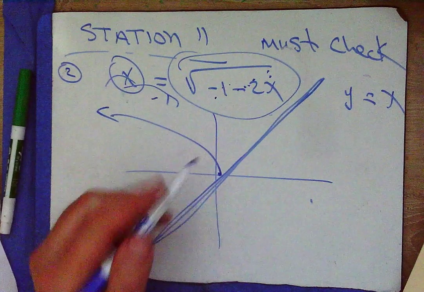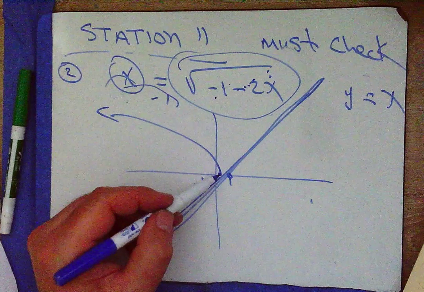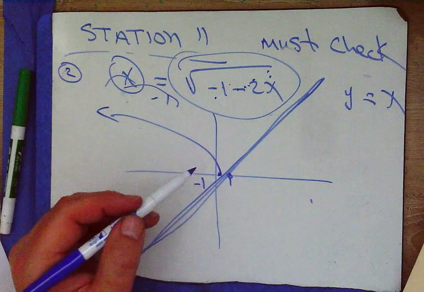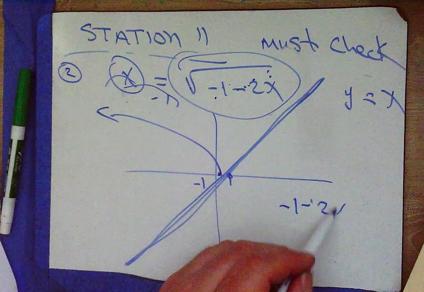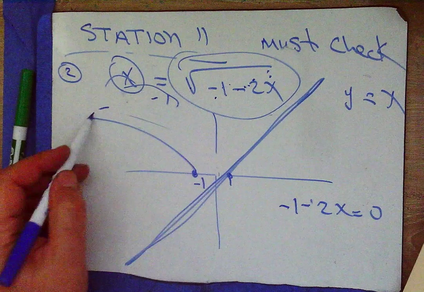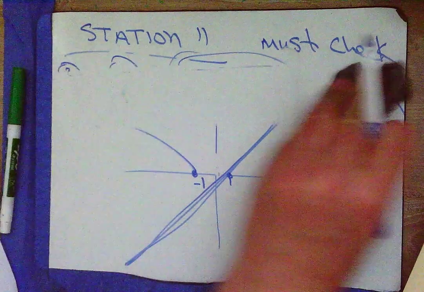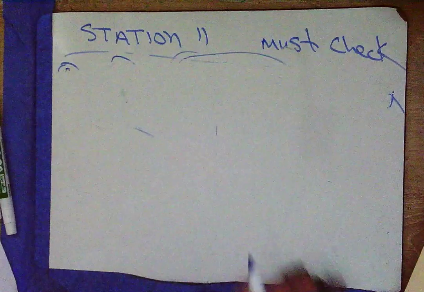They come close, but this is -1 and this is +1 over here, and this is 1/2. Yes, -1/2. -1 minus 2x equals 0. Oh, -1 over here. These graphs don't intersect. Okay, a solution is a point of intersection on the graphs.